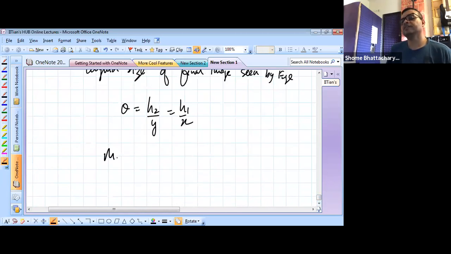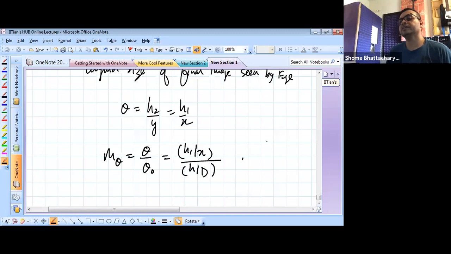So our angular magnification will be this angular size divided by the reference size for no instrument. So it will be h1 by x divided by h by capital D. Now, h1 is the linear magnification produced by the objective into h.